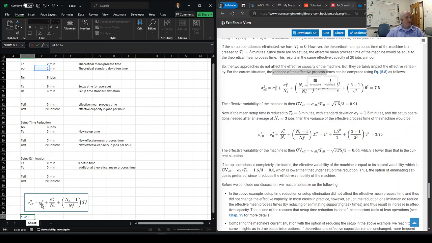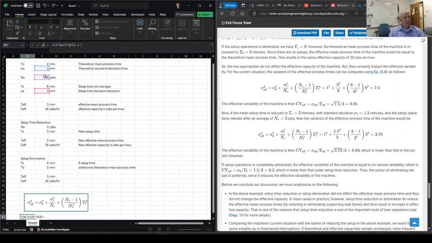Plus the standard deviation of the setup time, which is 3 minutes, squared. What I'm doing is just following along right here, putting these numbers in. We've got the 1 squared plus the 3 squared divided by the NS, which is the number of jobs, which is 6. Let me go ahead and reference that.